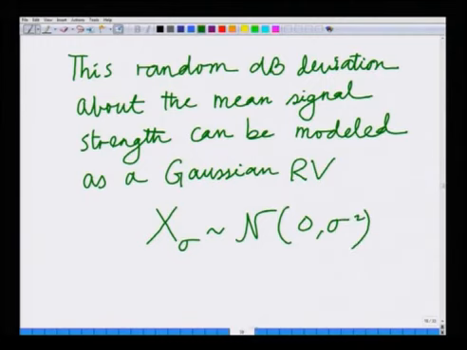What we are saying is that this random deviation can be modeled by a Gaussian random variable with 0 mean and variance sigma square.